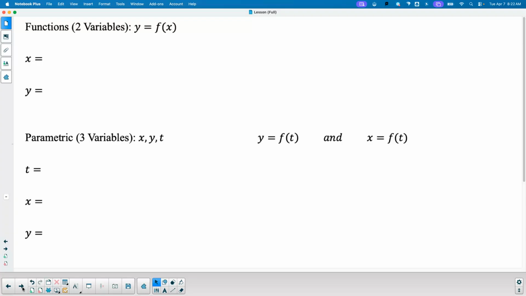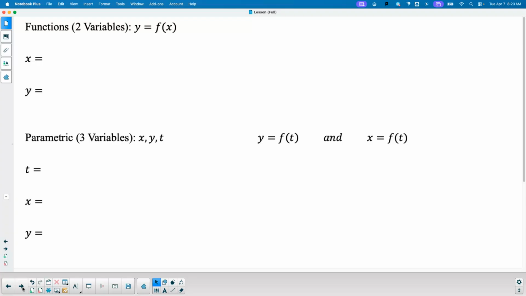All right. So, you have been dealing with functions. Where'd my good marker go? This is the bad one. Oh, well, I guess I'll just use it. You've been dealing with functions, and it's been like y equals f of x. You've dealt with that numerous times.